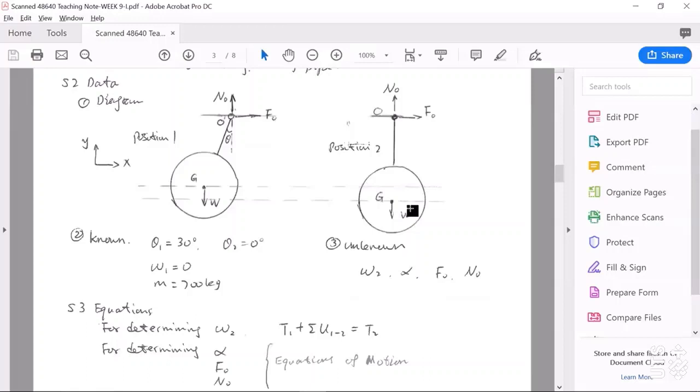Okay? So in this problem, work and energy can be adopted as part of the solution for solving omega-2.